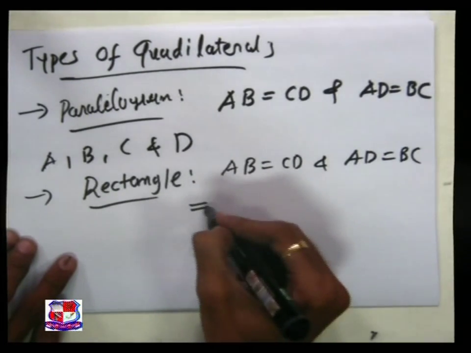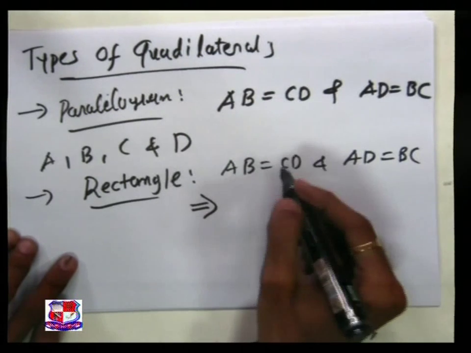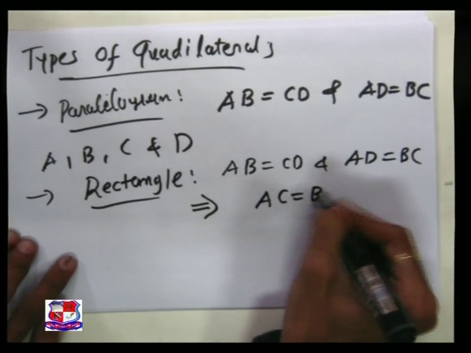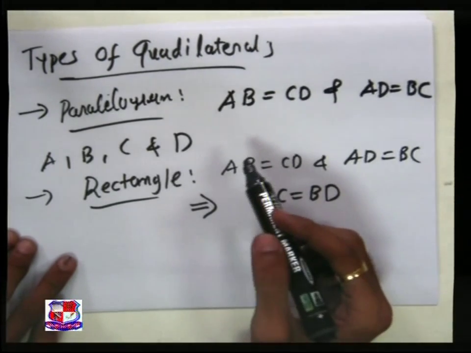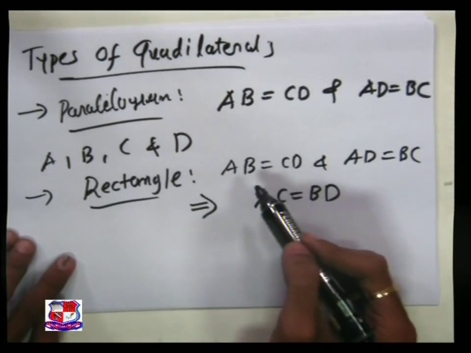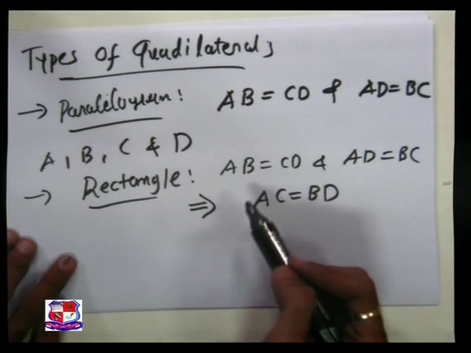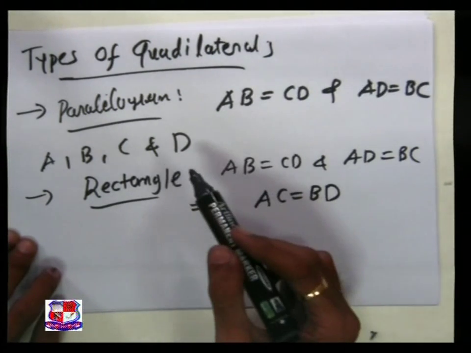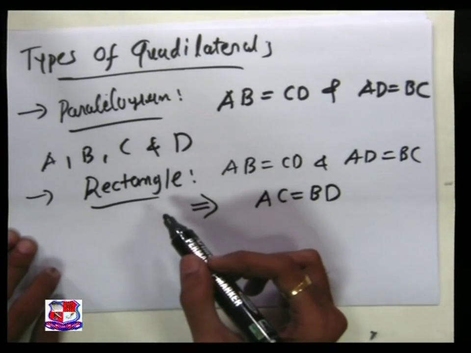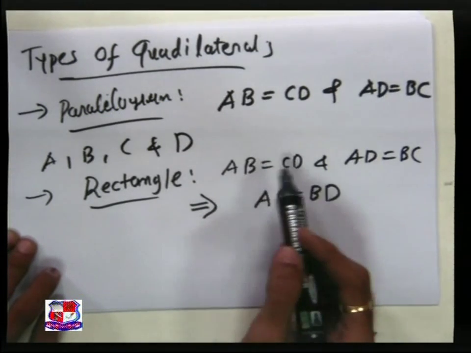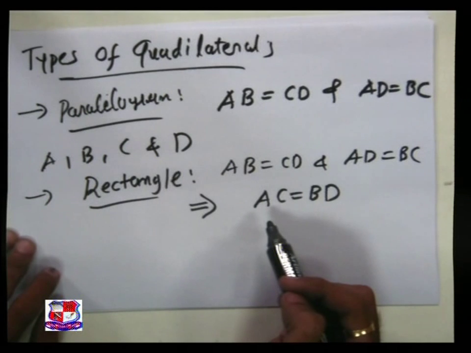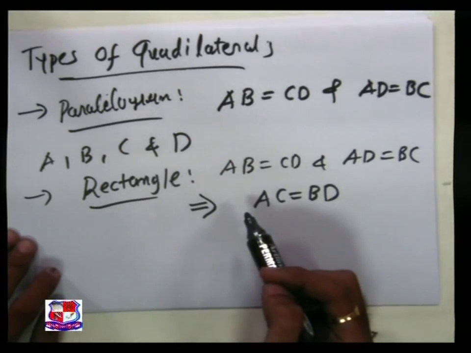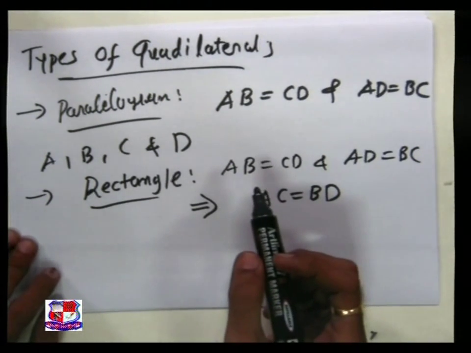Moreover, in addition to this, if AC is equal to BD, that is the diagonals of that quadrilateral are equal and the opposite sides are also equal, then we can say that this quadrilateral is a rectangle. So if opposite sides are equal and the diagonals are also equal, then we will say that this is a rectangle.